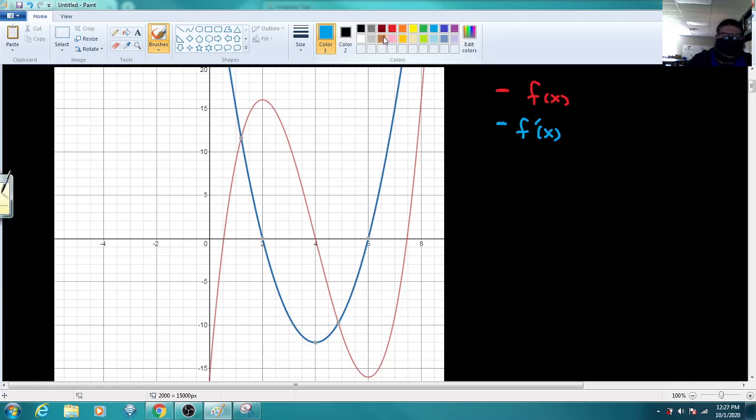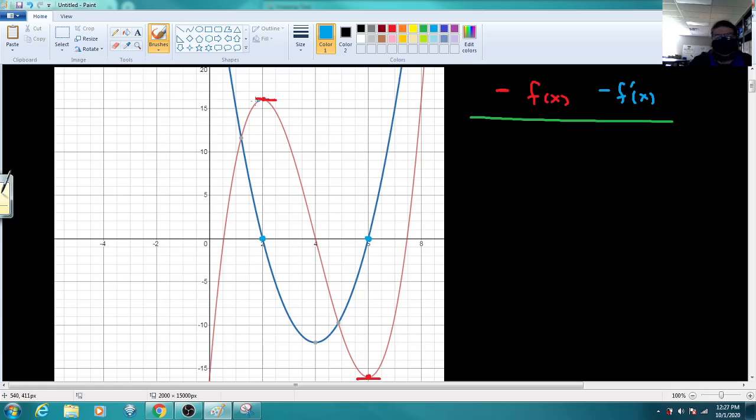It's asking us to compare between these two. First thing we should notice: horizontal tangent lines on the base function have slope 0. That corresponds to points where the derivative is 0.